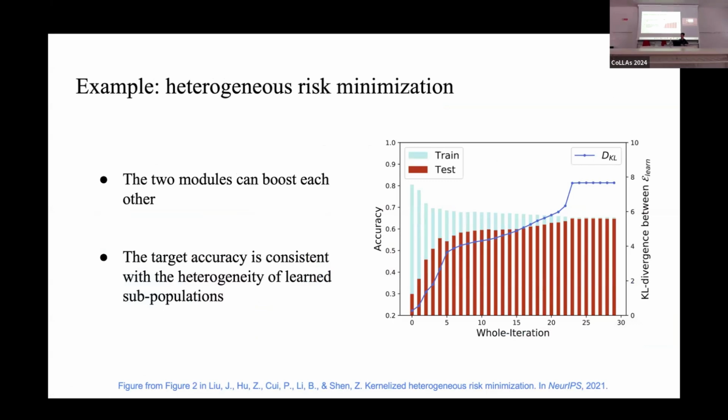We can see that along with the interaction between the two modules, they can boost each other. More interestingly, the target accuracy is consistent with the heterogeneity: the red bar is consistent with the blue curve. This further demonstrates that a better understanding, or exploration, of heterogeneity could help model training and generalization.